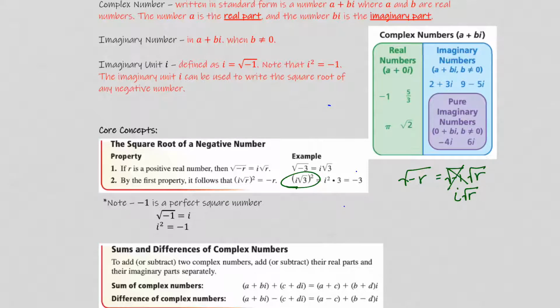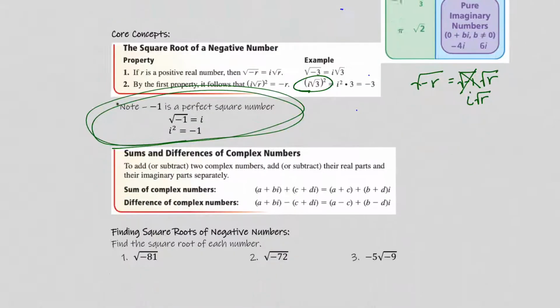So it would be -1 times 3, because that squared cancels out that square root with the 3, or with the r, or whatever, and you get the negative of whatever that number is. Okay, so this is the key, that the square root of -1 equals i, so i squared equals -1.